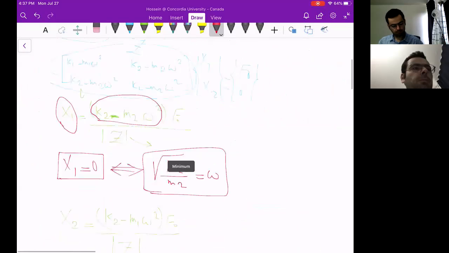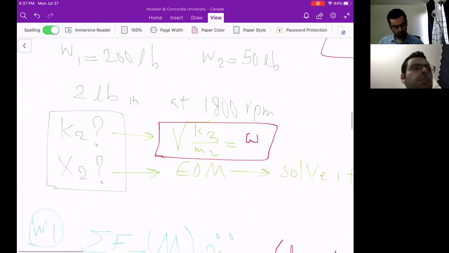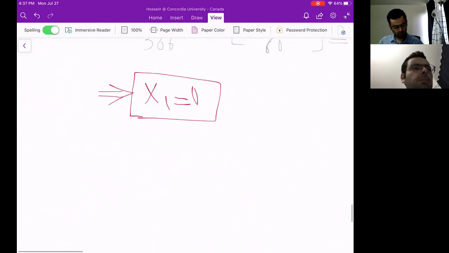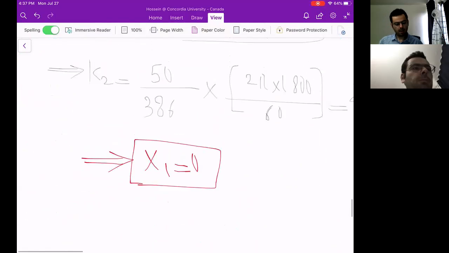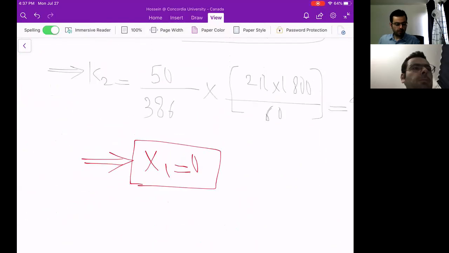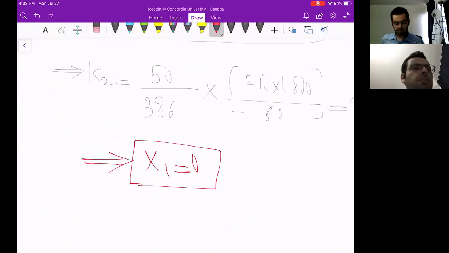So apart from K2, which we were supposed to design for the absorber mass, we were supposed to find X2, the amplitude of the absorber mass.